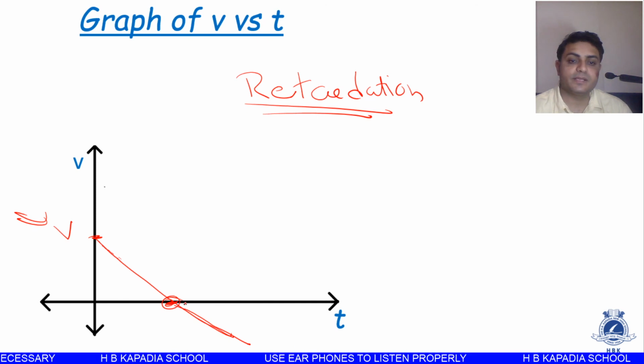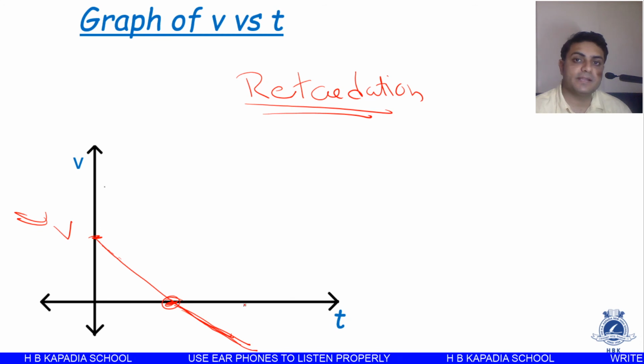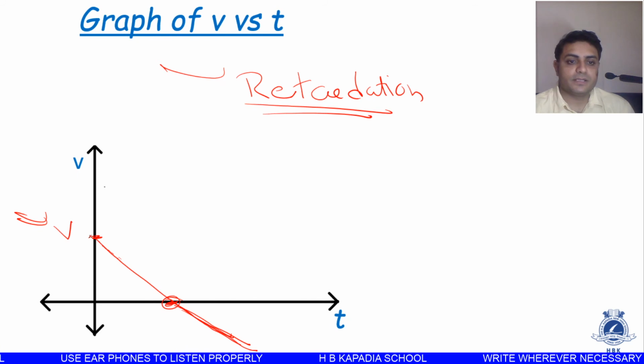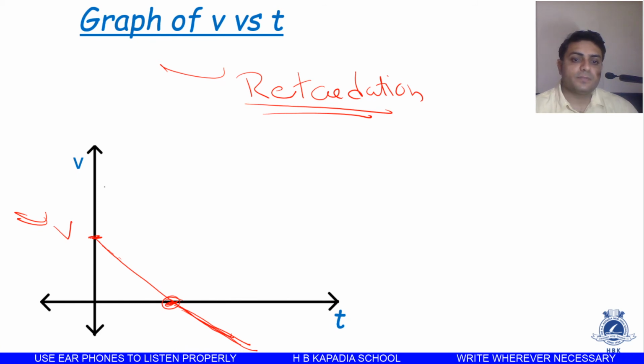So velocity is decreasing actually, and when it is moving along the negative direction, there is acceleration in the negative direction, and when the acceleration is in the negative direction, it is considered to be retardation. If you are not able to understand, I will suggest you go back 10 or 20 seconds and listen again. So initially when the velocity is positive and the object is moving towards the negative direction, the graph of v versus t will be like this.